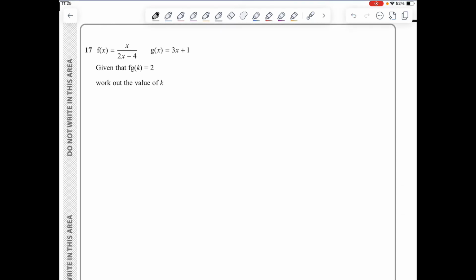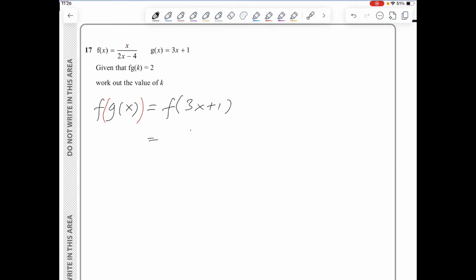For question 17, I'll start by finding fg of x. So fg of x is like an invisible pair of brackets here. This is equal to f of g, which is 3x plus 1. And this is equal to, and I'm going to go to my function f, and I'm going to replace all the x's with 3x plus 1.